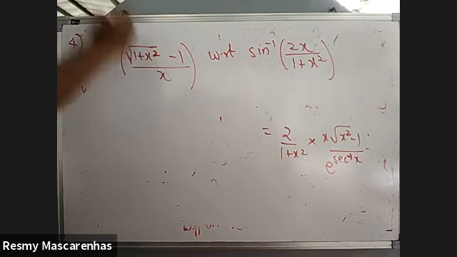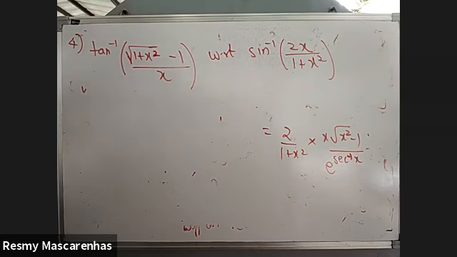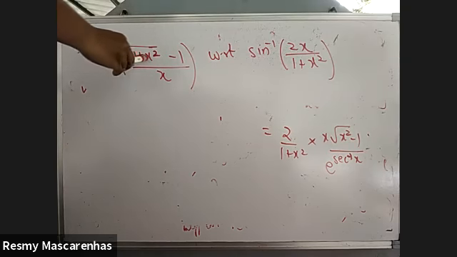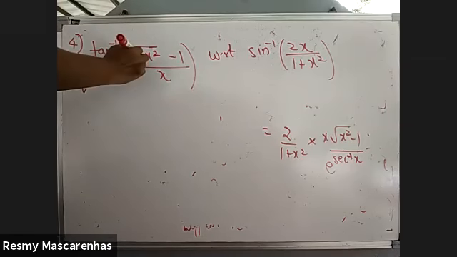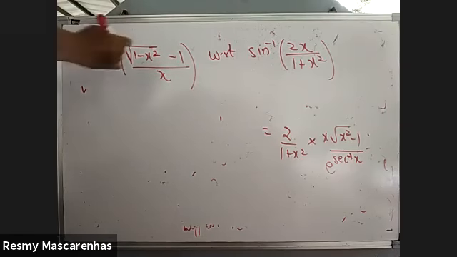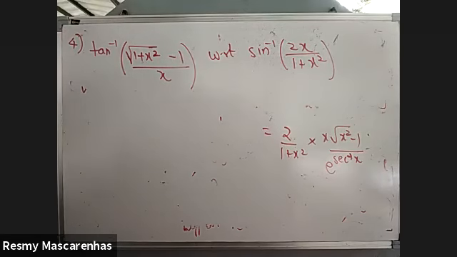So first one take it as u and it is substitution type, standard substitution. If it is root of 1 plus x square, you know what you should substitute. Yesterday also we solved a similar problem. Plus means tan. If this was minus, then it would have been sine, and this is plus. So you have to put x is equal to tan theta and go ahead with the problem.